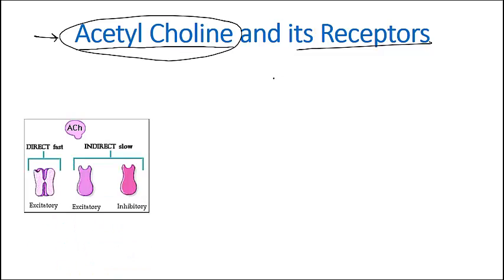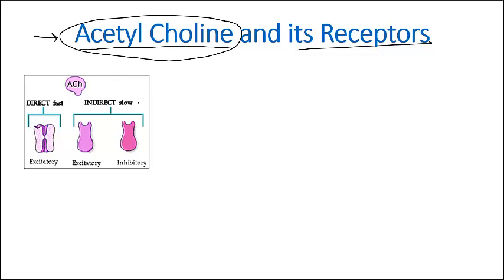Now there are two groups of these receptors associated with acetylcholine. One is the cholinergic receptor, which binds to acetylcholine.